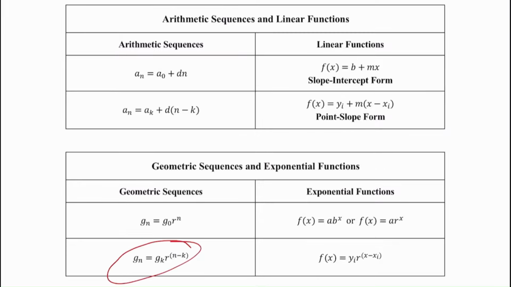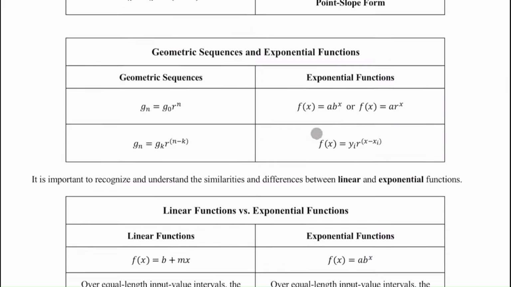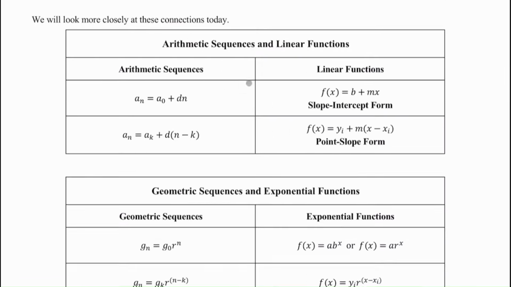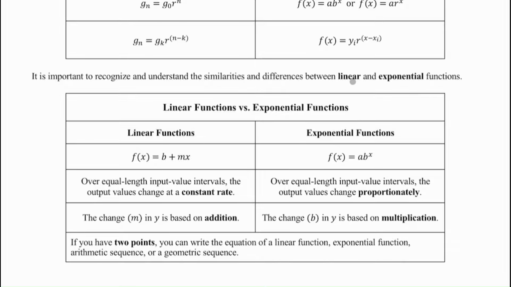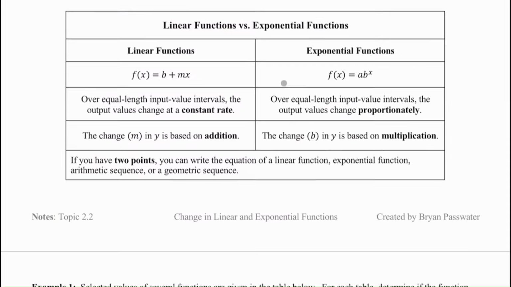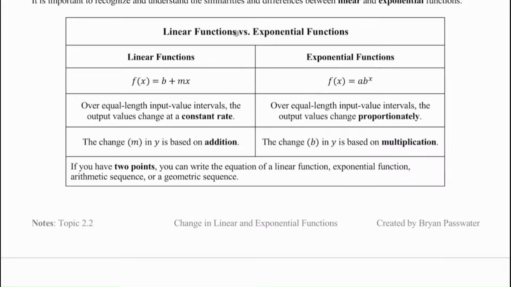And this other equation is similar to this. So that's just a table showing the connections closer, since 2.2 talks about linear and exponential functions by themselves, not just the sequences.